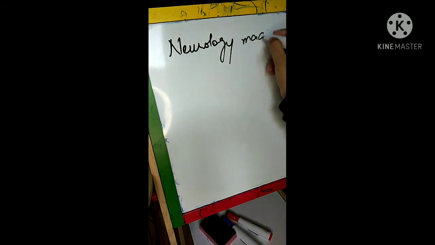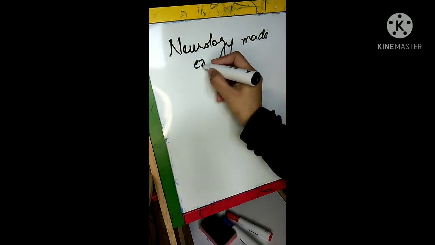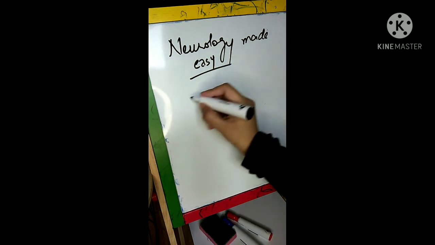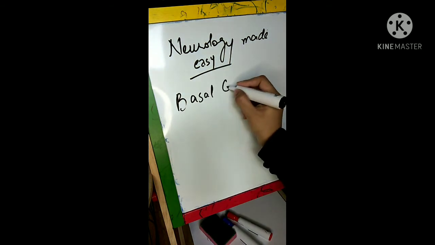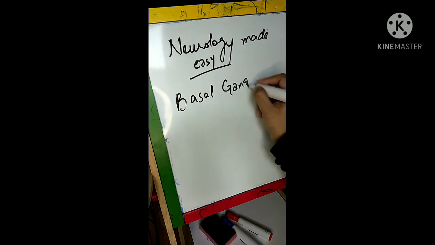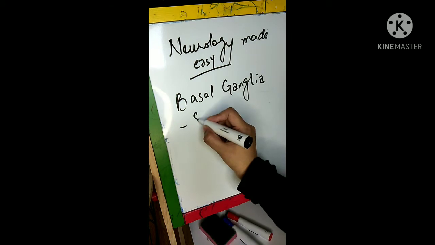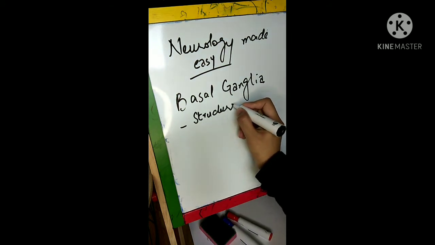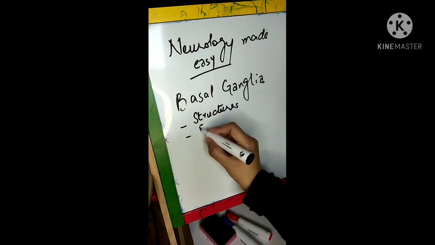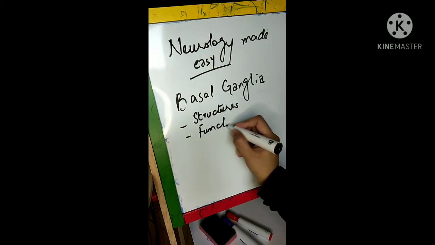Today, the topic we are going to discuss is basal ganglia, and I have tried to make it very simple to understand for all of you. The outline of today's video is that first we will discuss some important structures. After that, we will discuss the function of the basal ganglia.